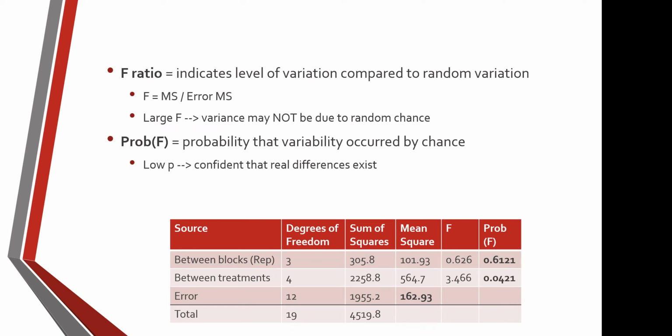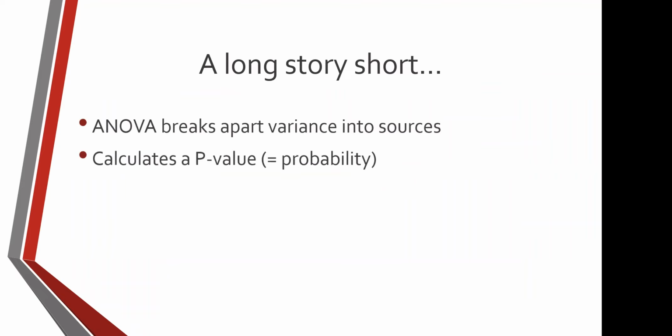Whereas a high p-value, like here between blocks, indicates that there is no evidence of a real difference among blocks in this case. This could be because there is no real difference or that the differences are too small to detect. So to summarize, the AOV analysis breaks apart the variance of observations into sources and then calculates a p-value as its end result.